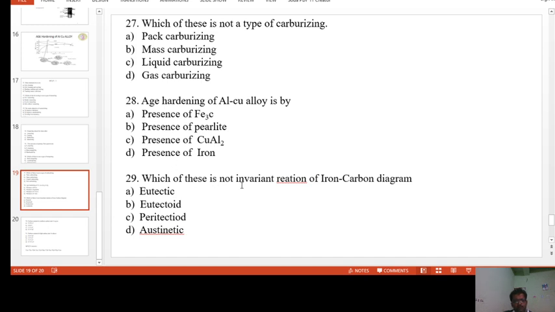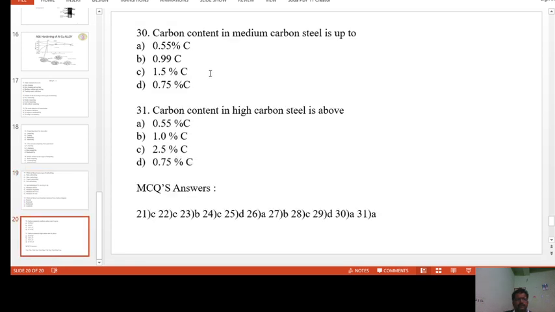Which of these is not an invariant reaction in the iron carbon diagram? Eutectic, eutectoid, peritectic, and austenitic. So austenitic is not a reaction. And then, carbon content in the medium carbon steel is up to what? We will divide the steels as low carbon, medium carbon, and high carbon.